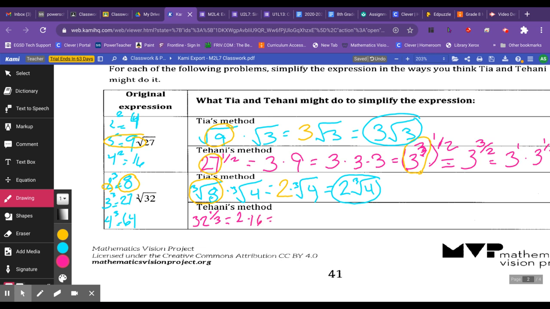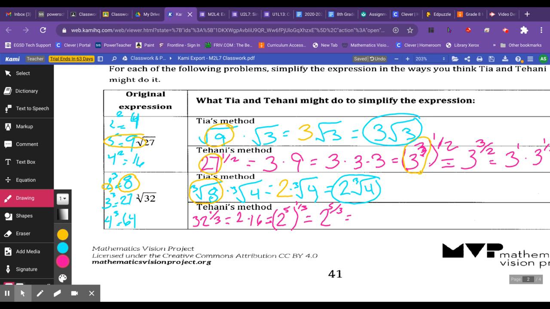If I keep multiplying my 2's together, I end up getting 2 to the 5th. So 2 times 2 is 4, times 2 is 8, times 2 is 16, times 2 is 32. So I need 5 2's to get to 32, and I want that to the 1/3 power. Multiply those exponents together, 2 to the 5/3.